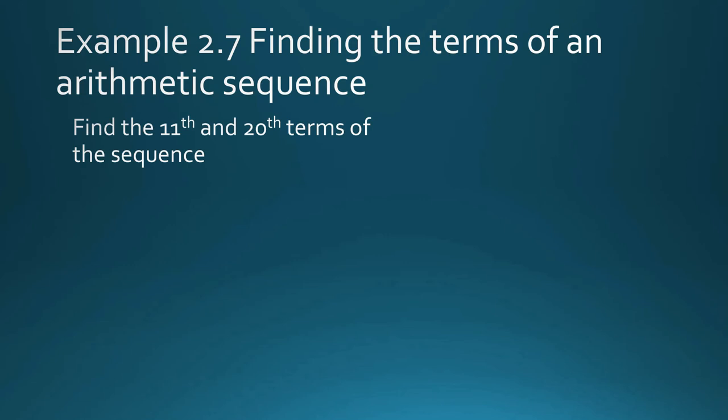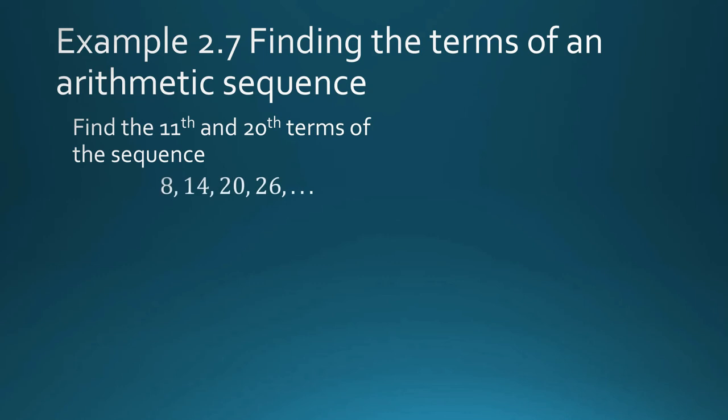But sometimes, in your modules, in your major examinations, the instruction there is find the terms. Okay, you cannot just jump right away into working out the terms if you are not sure what type of sequence you are working on. So you must first establish what type of sequence you are working on. But at least in this example, we are already told it's an arithmetic sequence.